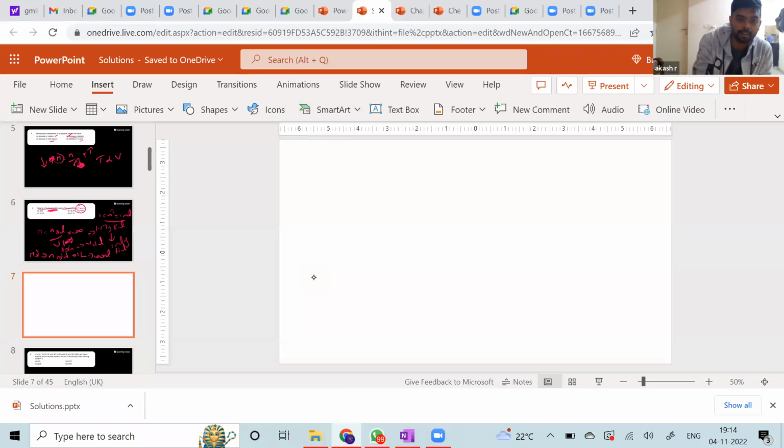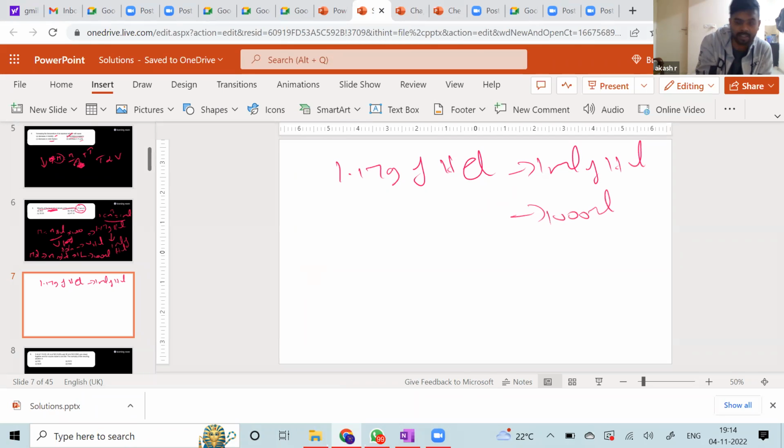Now we know that 1.17 grams of HCl is present in 1 ml of HCl. So can I calculate for 1000 ml of HCl, that is 1 liter of HCl, how much will be there? Can I say 1170 grams of HCl would be there?